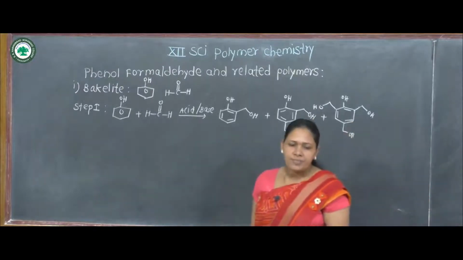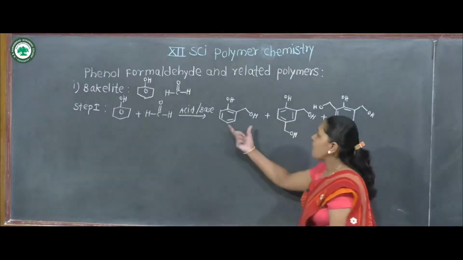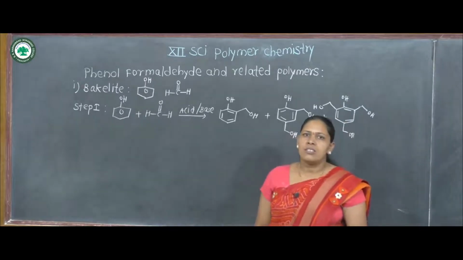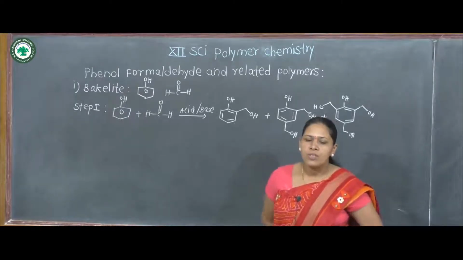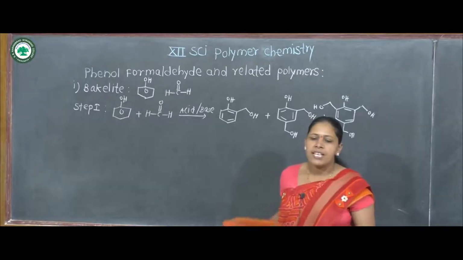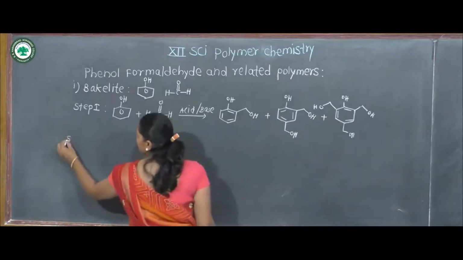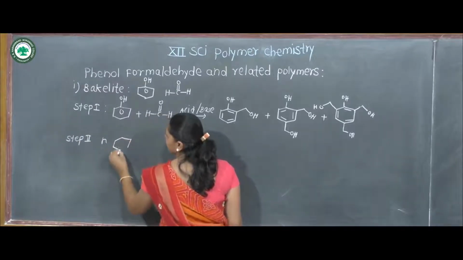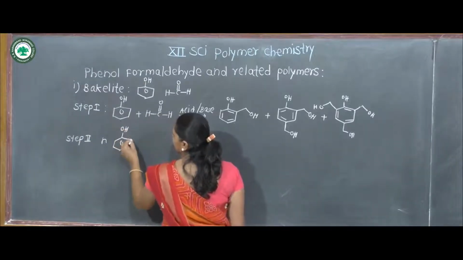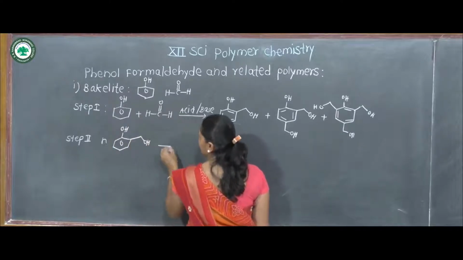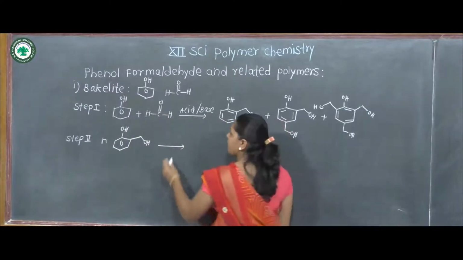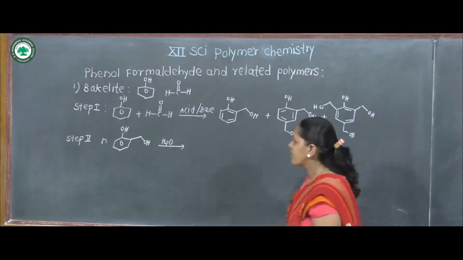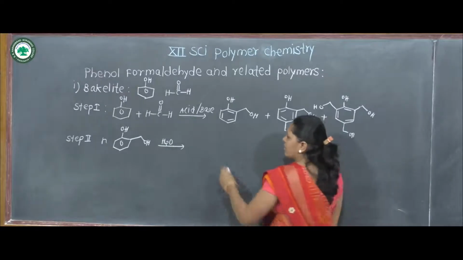In step second, n number of this ortho product polymerize to form the molding powder that is called Novolac. In step second, n number of these react with loss of water to form Novolac.